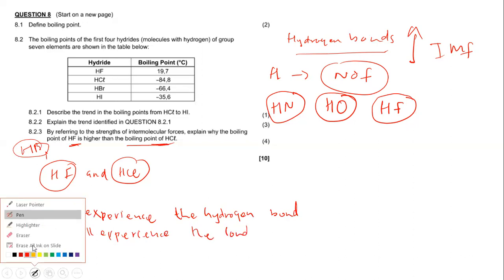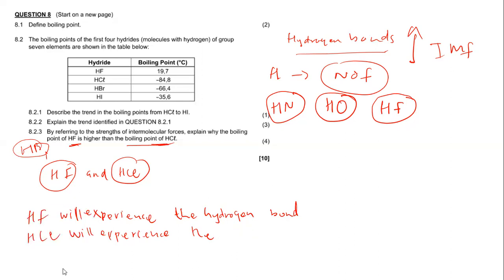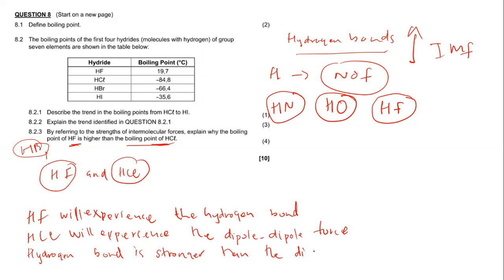The London is the weak intermolecular force. The dipole force. So then the hydrogen bond is actually stronger than the dipole force.